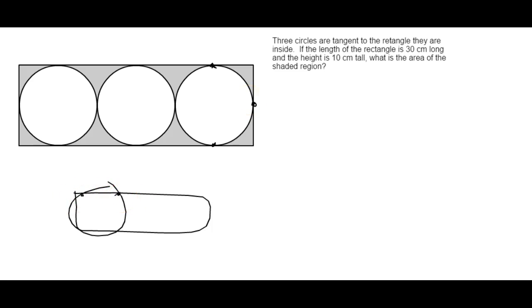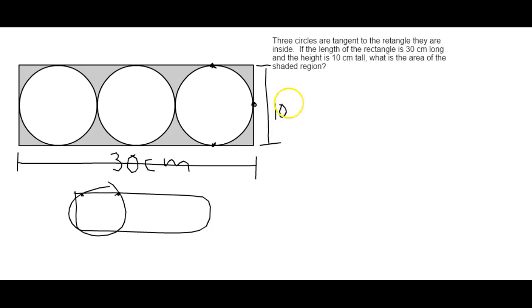They're as big as they can be without going outside the rectangle. So if the length of the rectangle is 30 centimeters, so going all the way across is 30, and the height is 10 centimeters, what is the area of the shaded region?